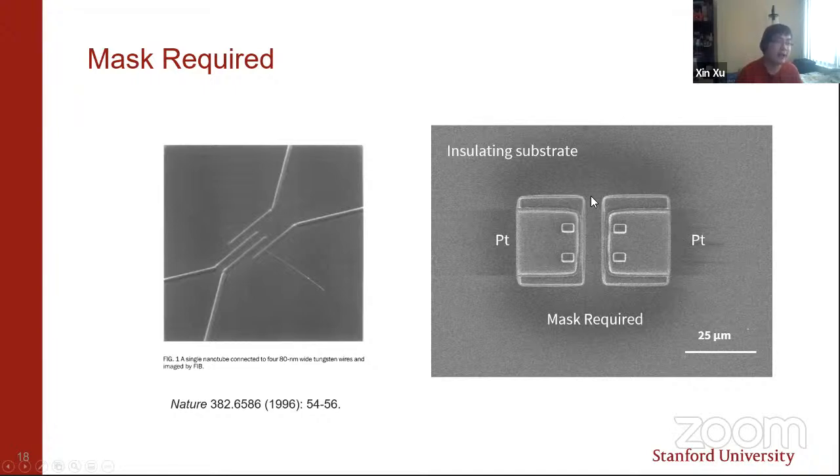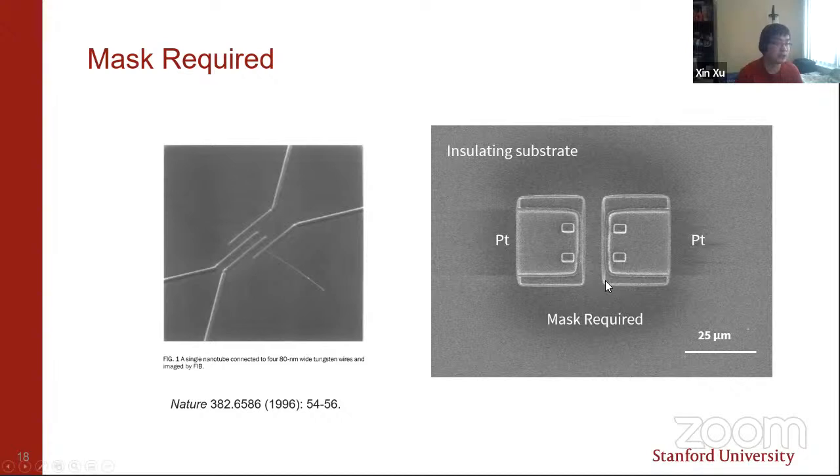If you don't use a mask, then the insulating substrate is not insulating anymore, because this halo also has some conductivity. And this mask can be any other material which is pretty robust during deposition, but can be easily washed away or lifted off by some other solution.